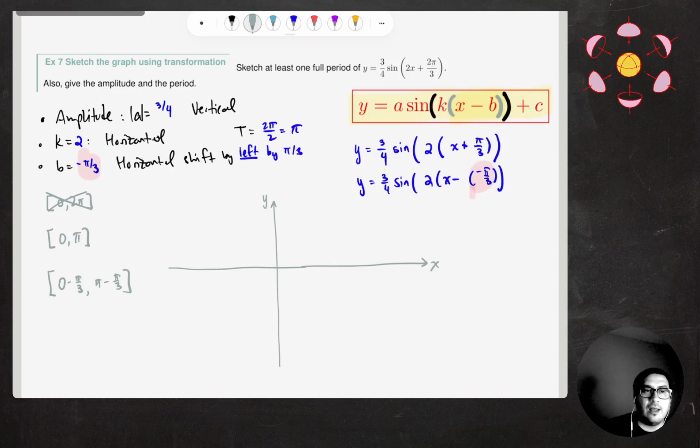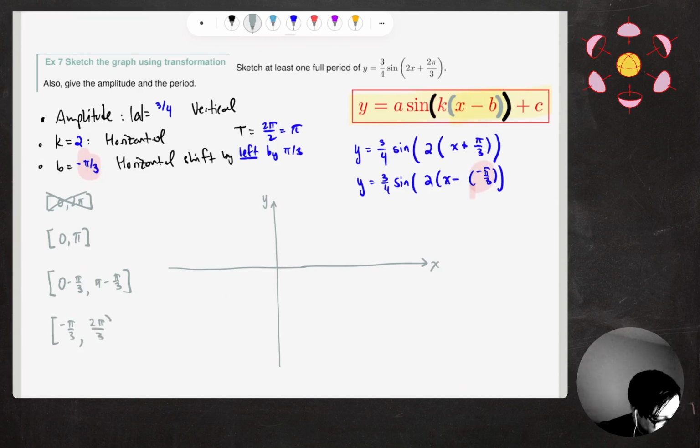I'm subtracting pi over 3 from 0, and I'm subtracting pi over 3 from pi. So this is going to give me minus pi over 3 on my left endpoint. And now we have to do a little bit of algebra here to write this as 2 pi over 3. So minus pi over 3, 0, pi over 3, 2 pi over 3.